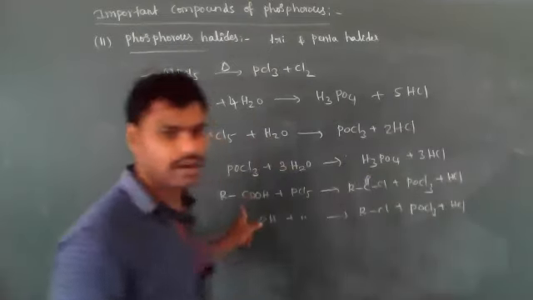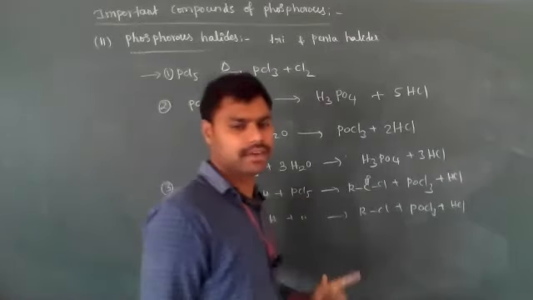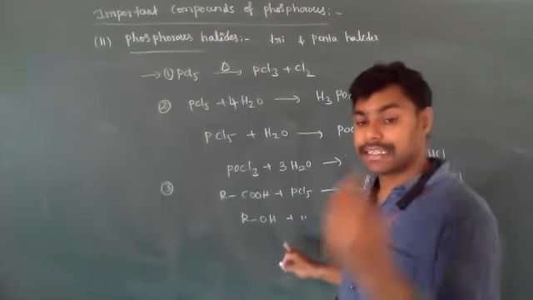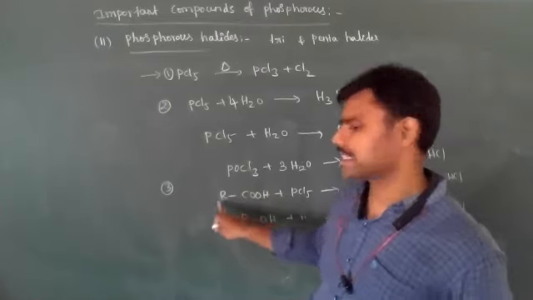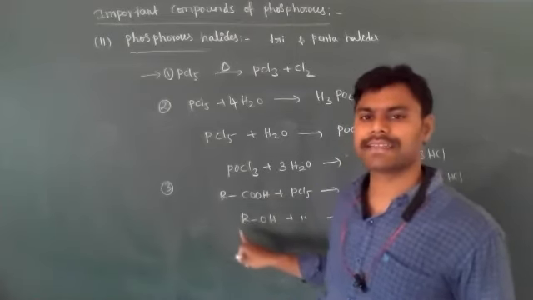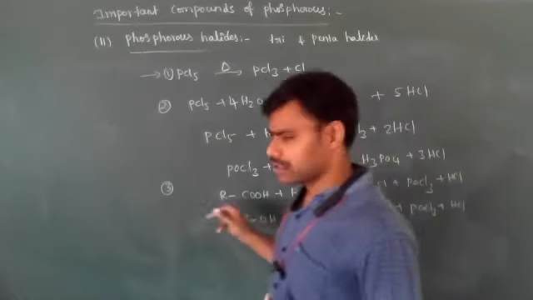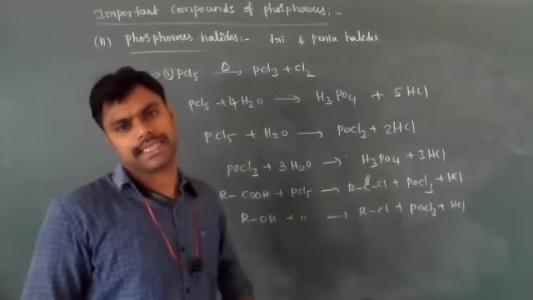See, 1 mole of acid or 1 mole of alcohol combines with 1 mole of PCl5. But if PCl3 is present instead of PCl5, 1 mole of PCl3 combines with 3 moles of acid or 3 moles of alcohol. That is the difference in chemical properties between PCl5 and PCl3.